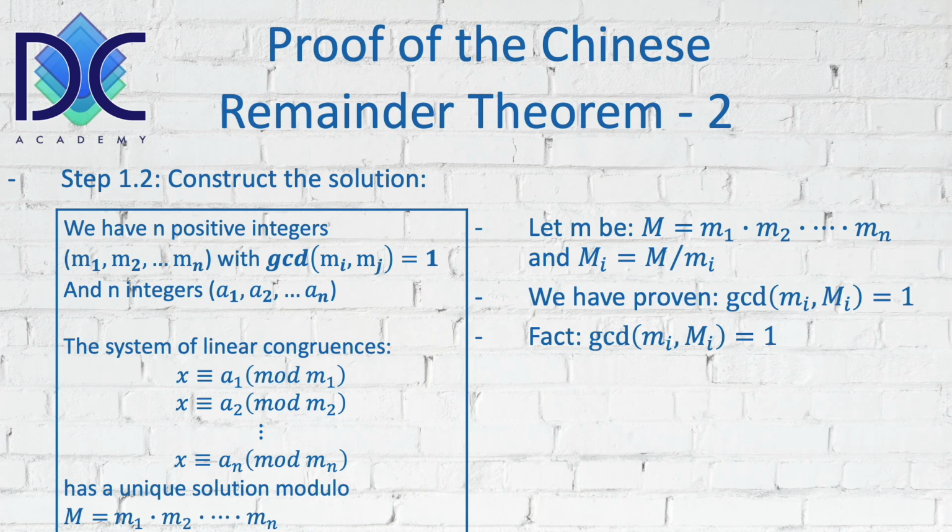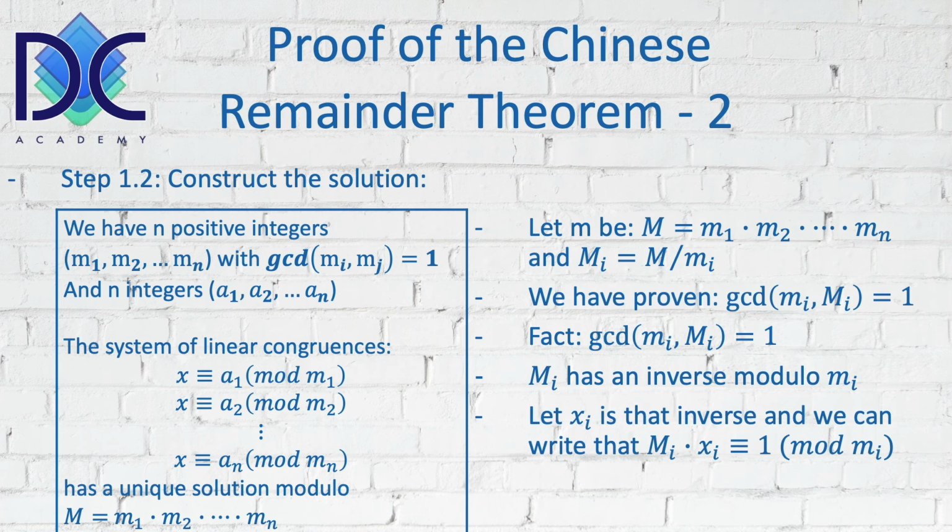Now, the fact is that the GCD of small mi and capital Mi is equal to 1. We can say that capital Mi has an inverse modulo small mi. That's one of the elements that we've already discussed before. Now, let us assume that xi is that inverse. Then we can write that Mi times xi is congruent with 1 modulus mi.